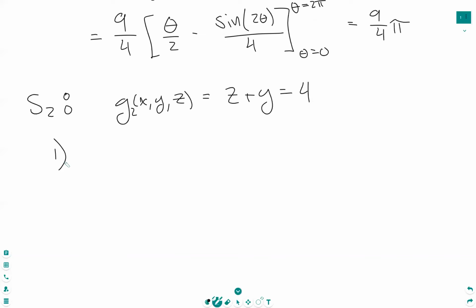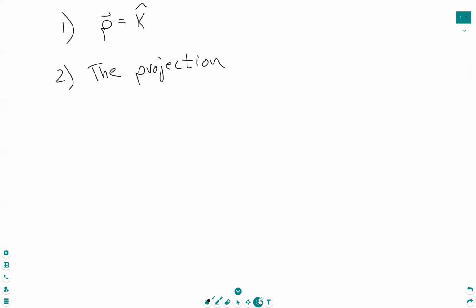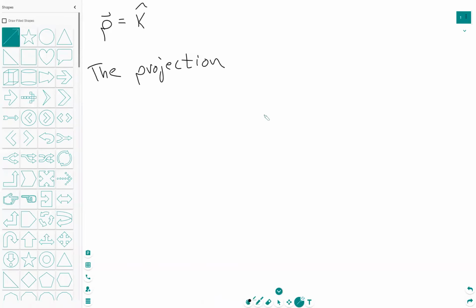Why don't we also again project to the xy plane? So we'll let P be k hat. For step 2, the projection, this actually ends up being the exact same projection from S3.